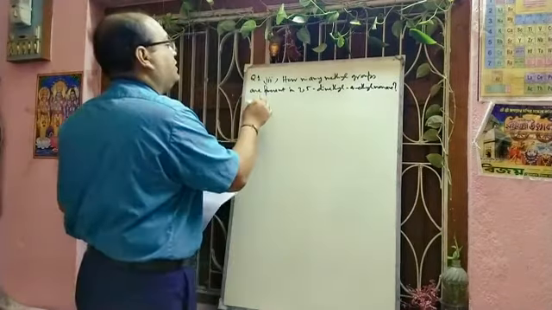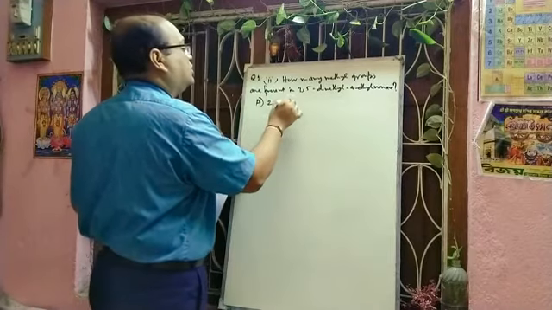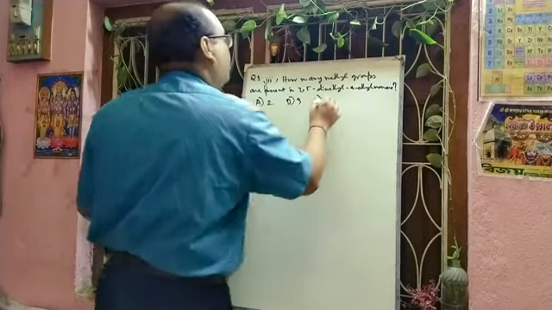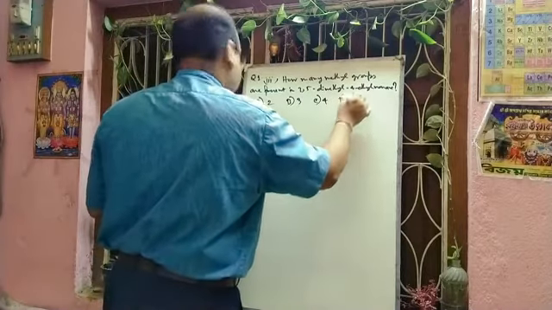Options are given: option A is 2, option B is 3, option C is 4, option D is 5.